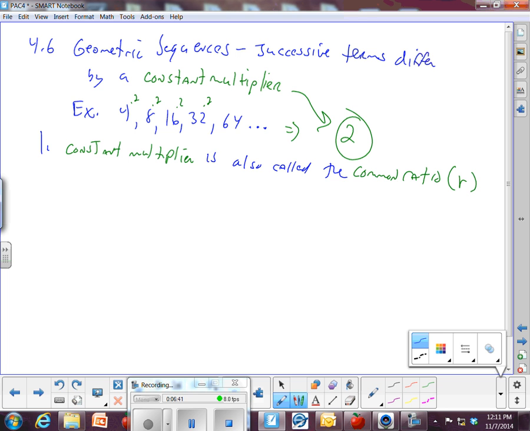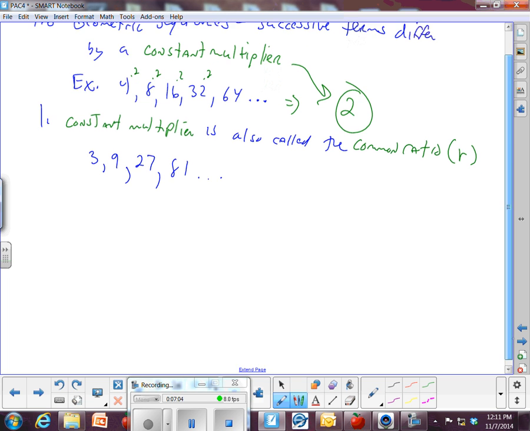Let's do the sequence 3, 9, 27, 81, and so on. Question, Raquel? You know it already. Awesome. And sometimes it's very, very obvious. The common ratio is 3.